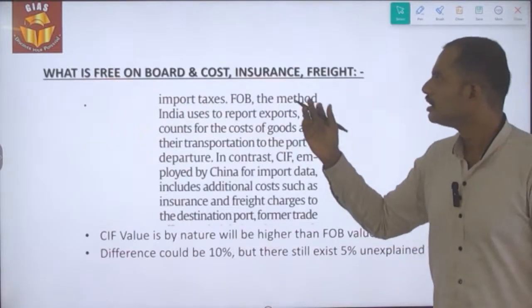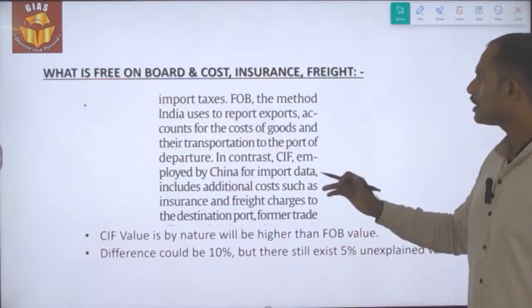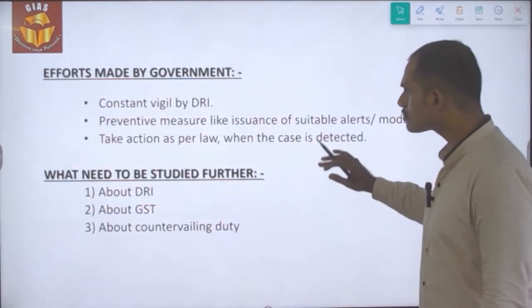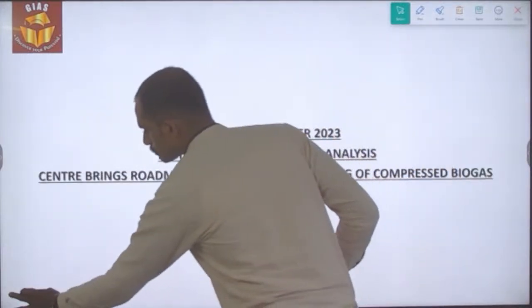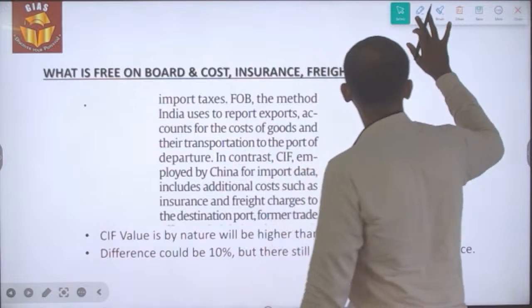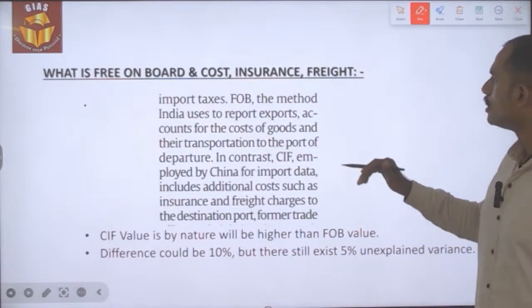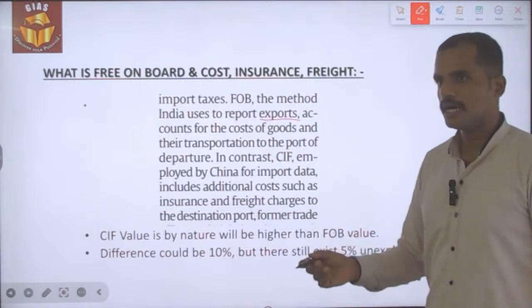So what are free on board as well as cost insurance freight about? See, according to the data, free on board is the method used by India to calculate its imports from China.